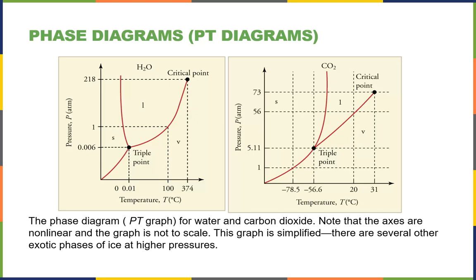At that critical point, if you have a pressure higher than the pressure at the critical point, there is no distinction between a liquid and a vapor. Or if you have a temperature higher than that critical temperature, which you see for water is 374 degrees Celsius, it's pretty high, you can't differentiate between a liquid and a gas.